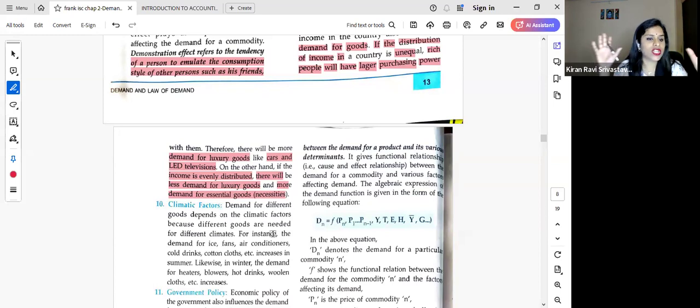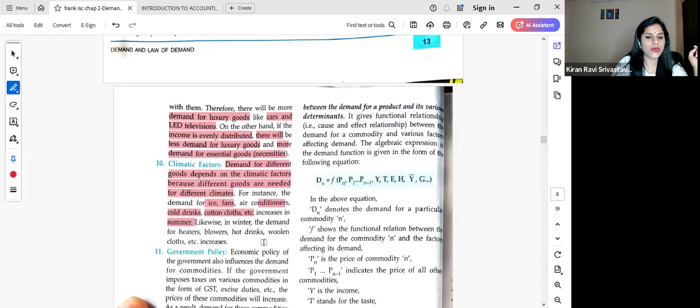All these things change due to climatic factors. Demand for different goods depends upon climatic factors because different goods are needed for different climates. For instance, demand for ice creams, fans, air conditioners, cold drinks, cotton clothes, etc. increases in summer. Likewise, in winter, the demand for heaters, blowers, hot drinks, and woolen clothes also increases.